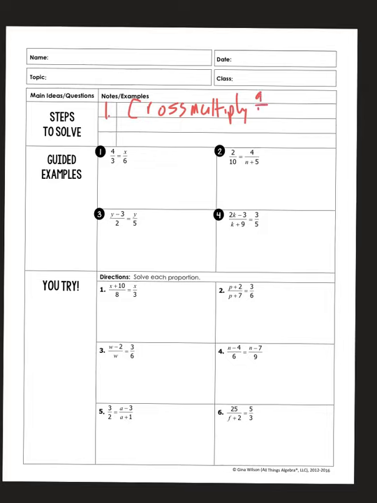So let's say we have two fractions here, two proportions. We cross multiply. This is going to be AD equals BC. All right. Second step, distribute.